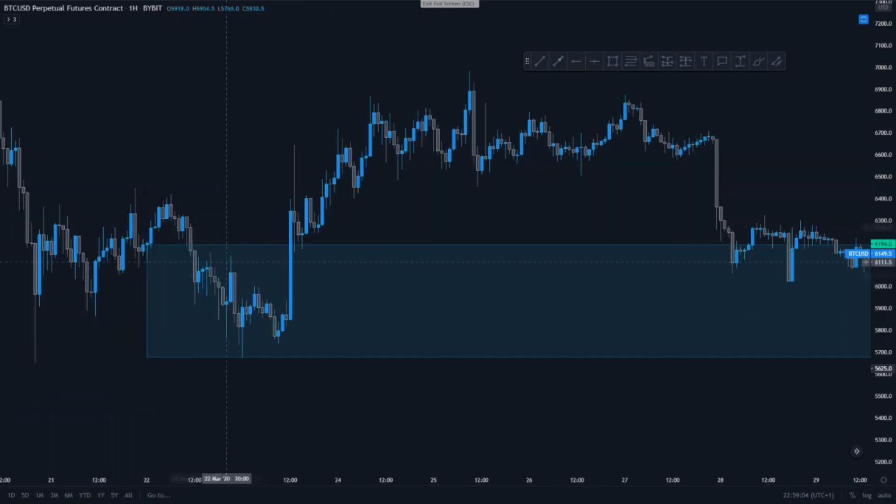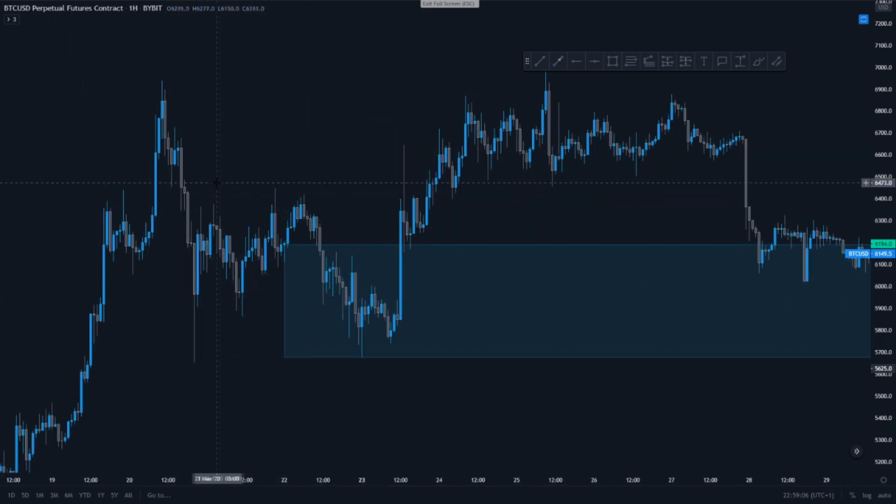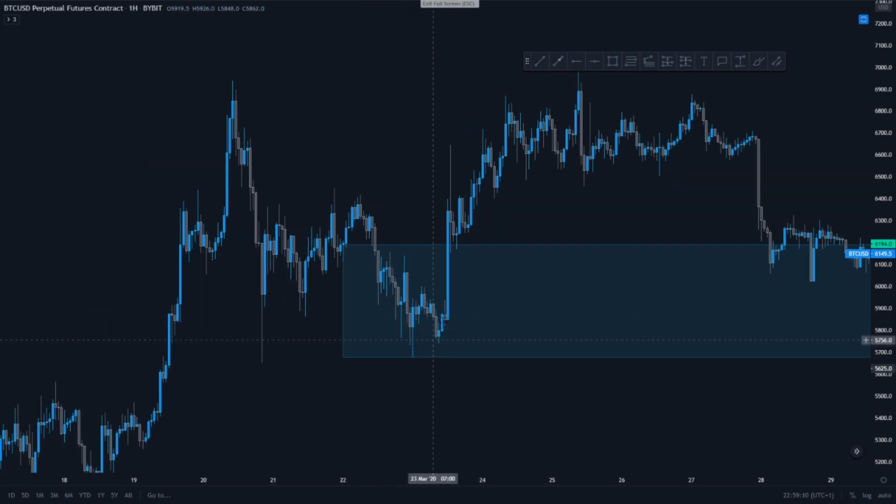I don't want to talk about all this mess here. We have a clear base formed here. The price did rally. Okay, we had this drop, base, rally, base, and then drop. So now, because you have learned how to draw supply and demand zones, you know that you take the last down candle before the rally, right? Before the higher high. So in this case, it is this one.